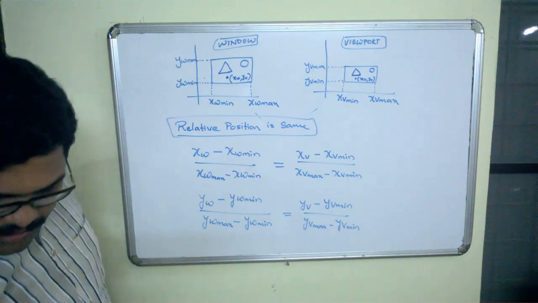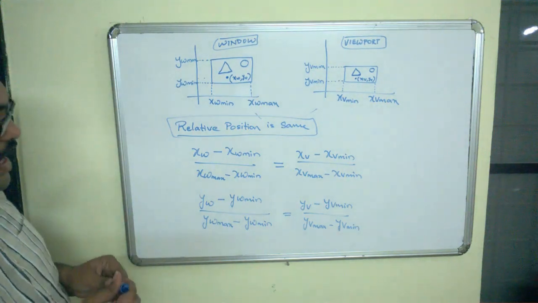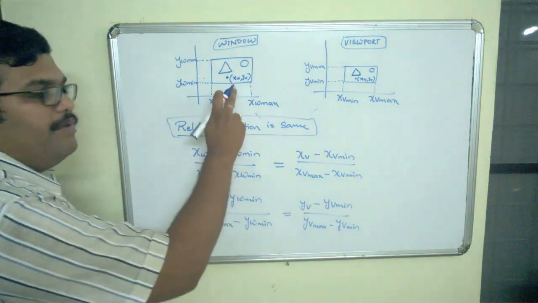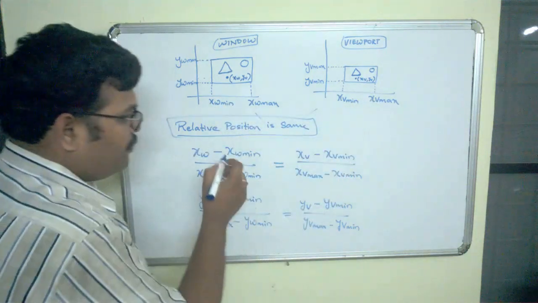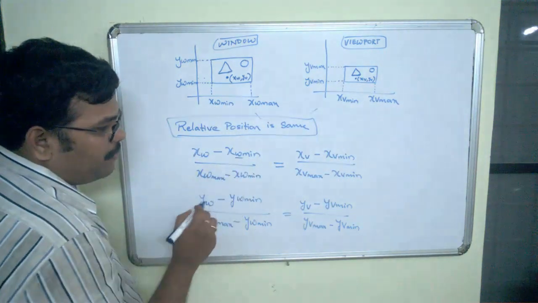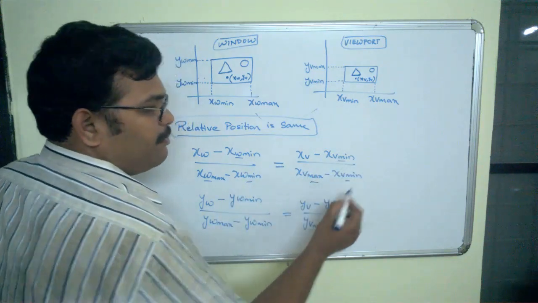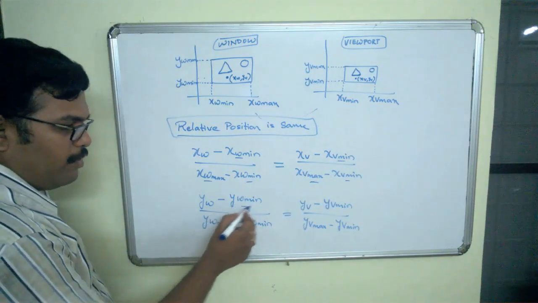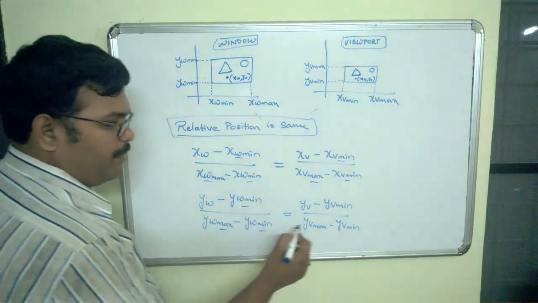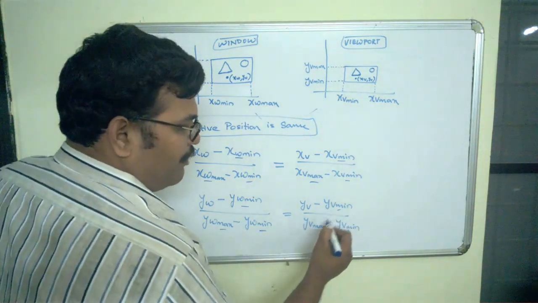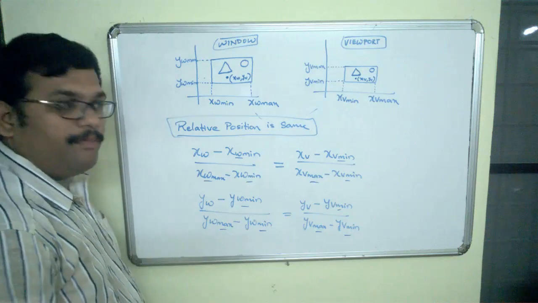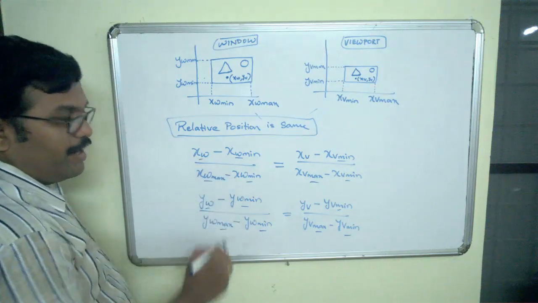So from this we have the boundaries of the window and the boundaries of the viewport. So we will have xw minimum, xw maximum, xv minimum, xv maximum, and similarly yw minimum, yw maximum, yv minimum, yv maximum, and also we will have xw and yw.